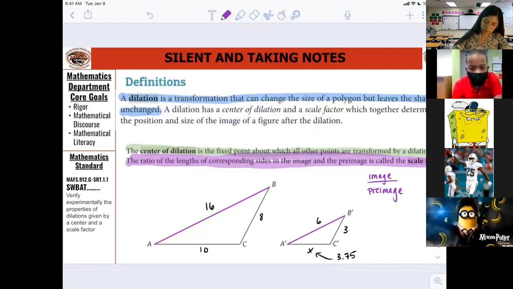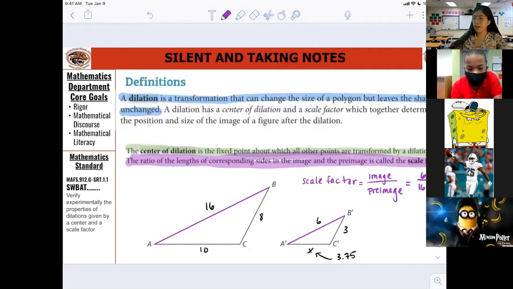Hold on, let me write this down. Image over pre-image. So if I'm talking about AB and then A prime B prime, that's going to be 6 over 16. That's my ratio.